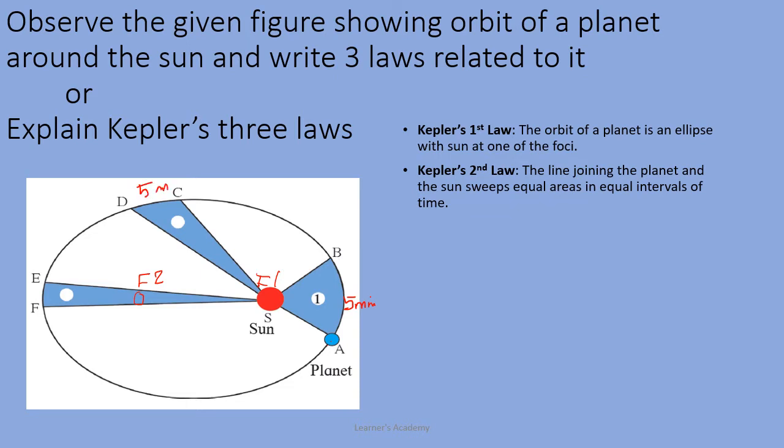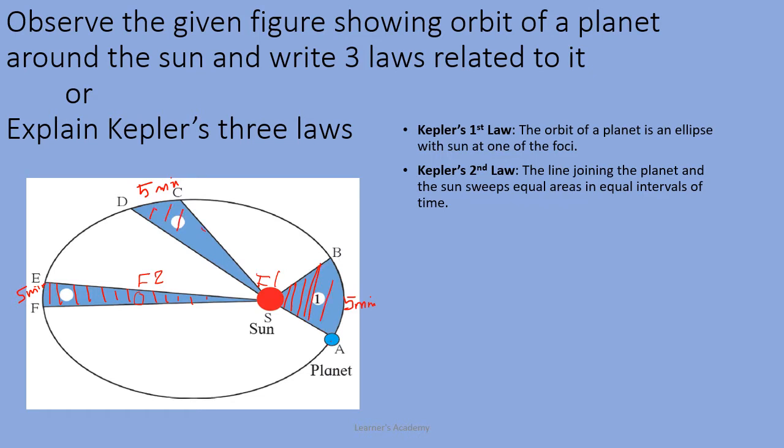We are just assuming this. And from E to F also it takes only 5 minutes. So the lines joining these to the sun will sweep an equal area. So this area will be equal to this area, and this will be equal to this.